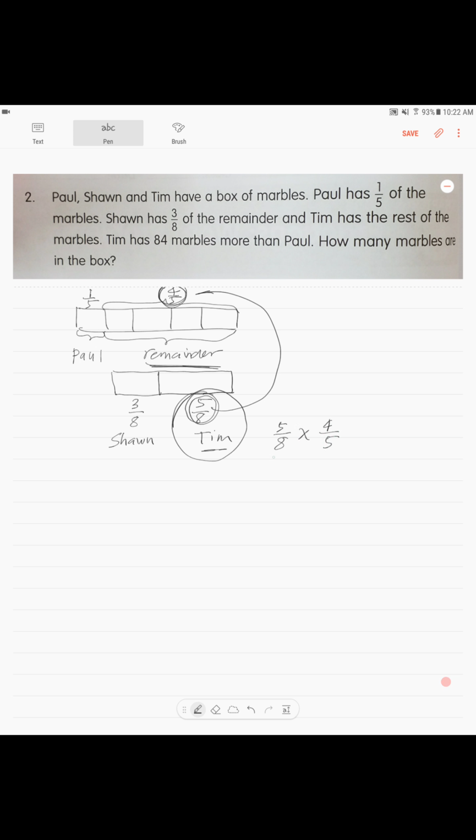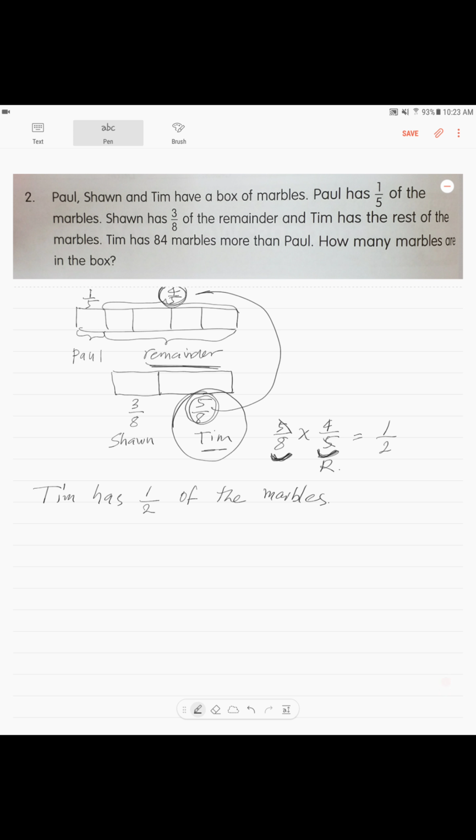And if you do the math, everything becomes clear that it becomes 1 over 2. So half. Let's write it down. Tim has half of the marbles, of all marbles.